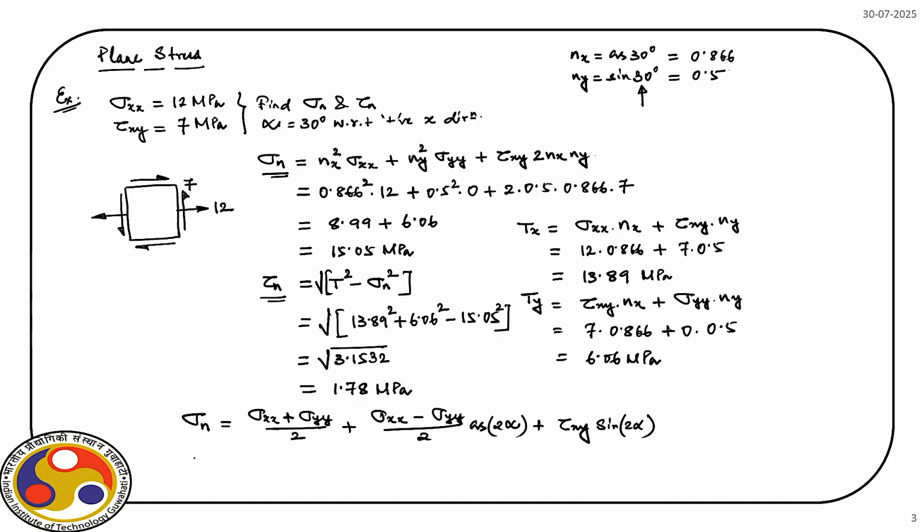And then tau n is equal to minus sigma xx minus sigma yy divided by 2 sin of twice alpha plus tau xy cos of twice alpha.